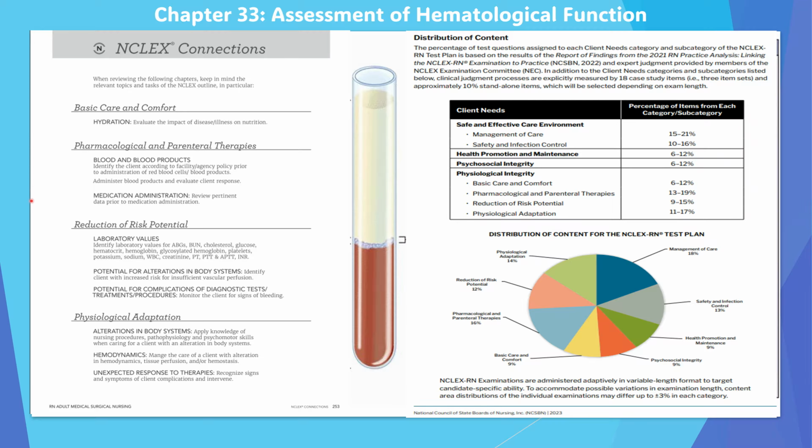This short screen is from Medical Surgical in the edition from, I think, 2019 or 2020. So it's a little bit older, but there's not much difference between 5 years ago and today.